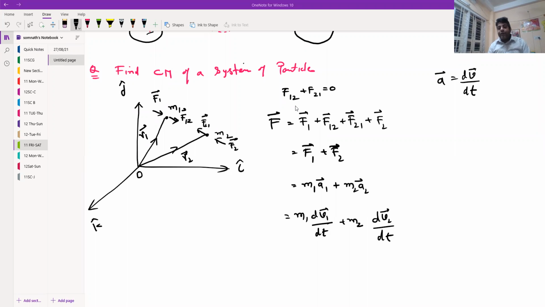So, we also know velocity is dr by dt. Yes or no? So we can write m1 dr1 by dt, differentiation of velocity, displacement with respect to time is the velocity, plus m2 dr2 by dt.